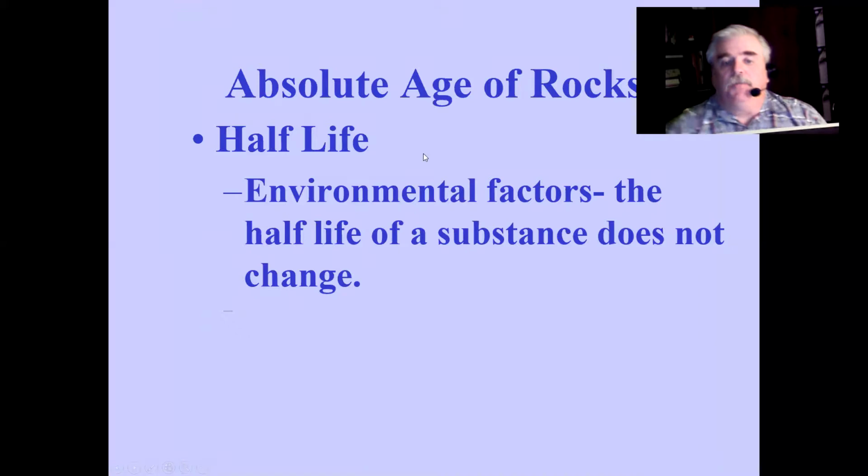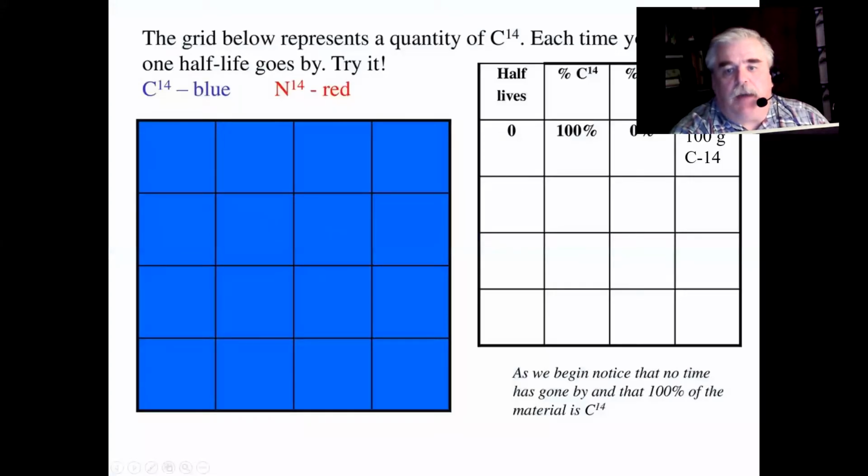Now, if you take a look at environmental factors, subject it to heat, subject it to pressure, subject it to water, pour lead over it, it does not change the half-life of the radioactive isotope. It stays the same. No matter what you do to it, the half-life does not change. Now, take a look at this box here.